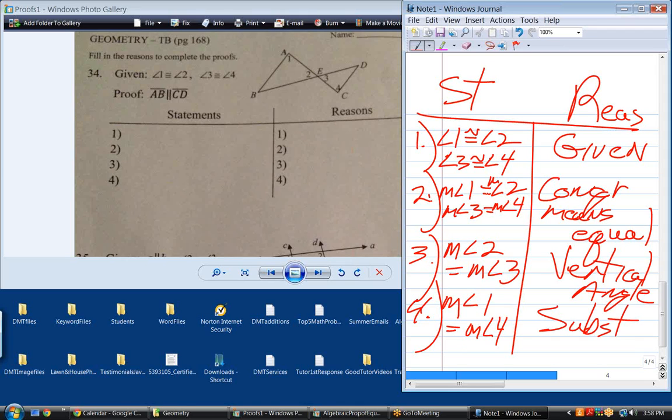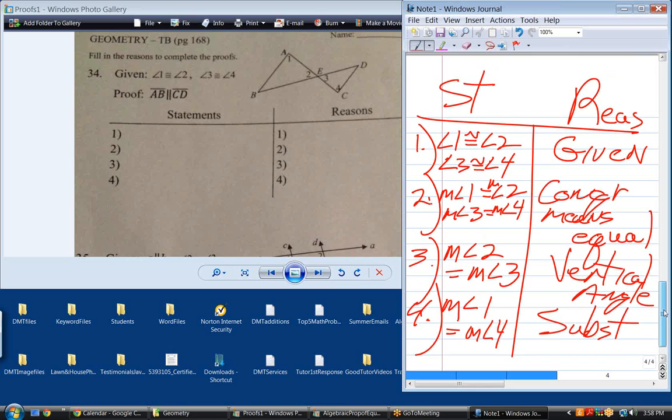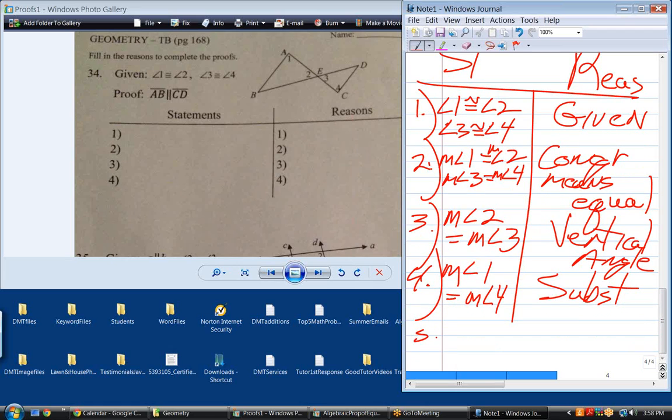In other words, if you combine 2 and 3, you get 4. And then finally, there's a 5th statement that says that AB is parallel to CD because of parallel lines and transversals.